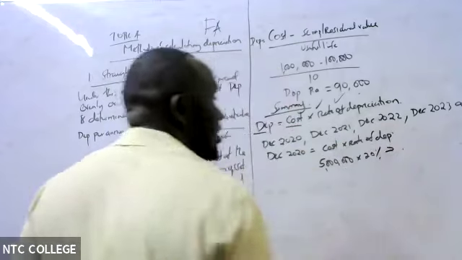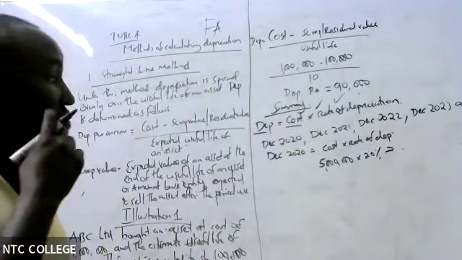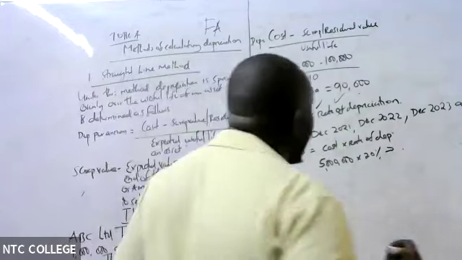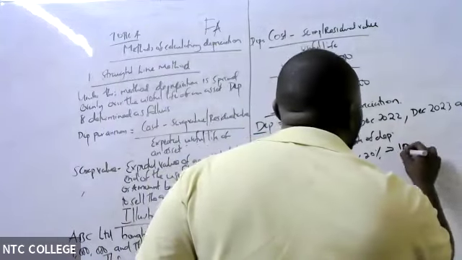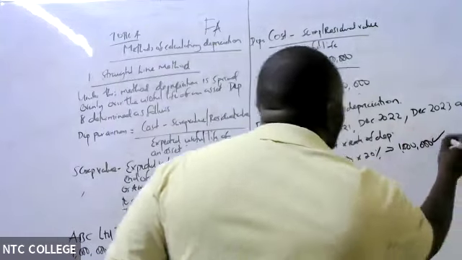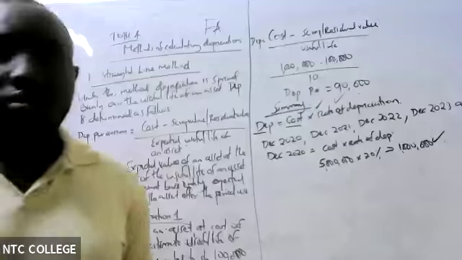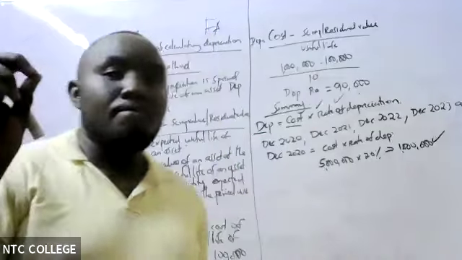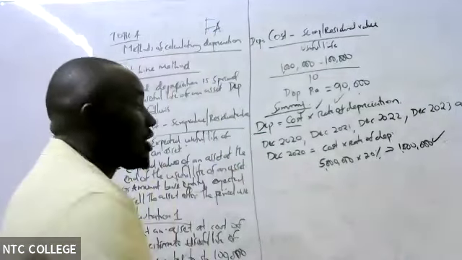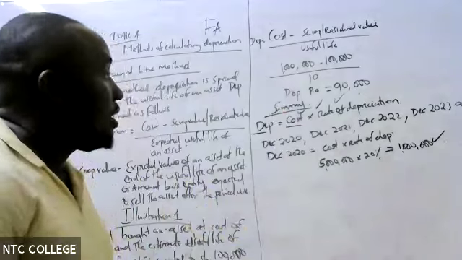What is 20% of 5 million? That should be 1 million. Are we together? So this is what you can do for 2021, 2022, and the rest.